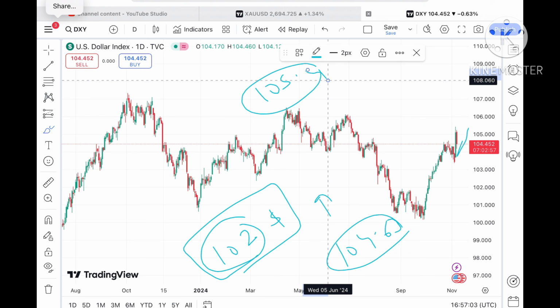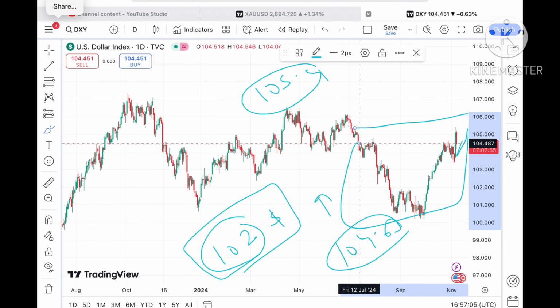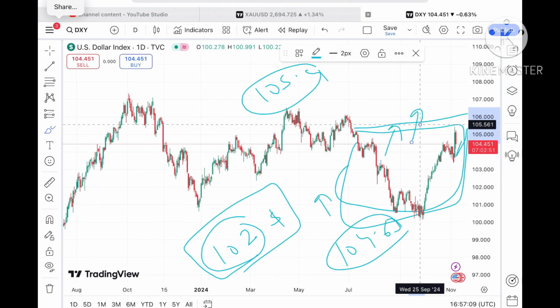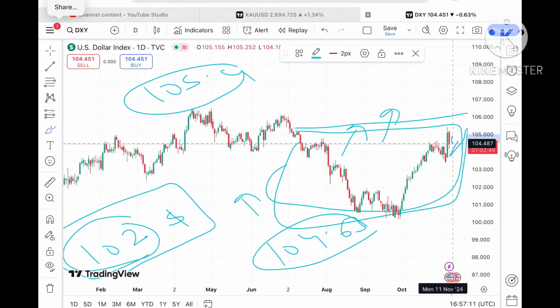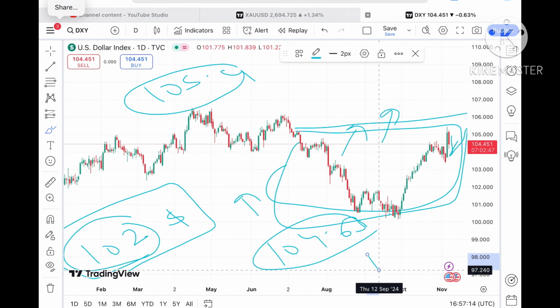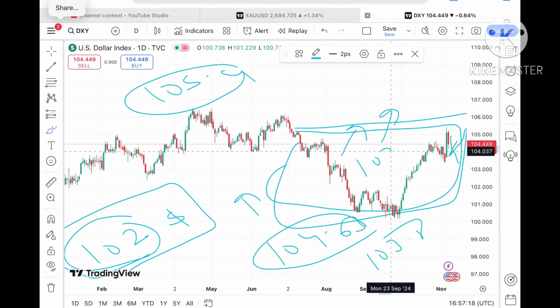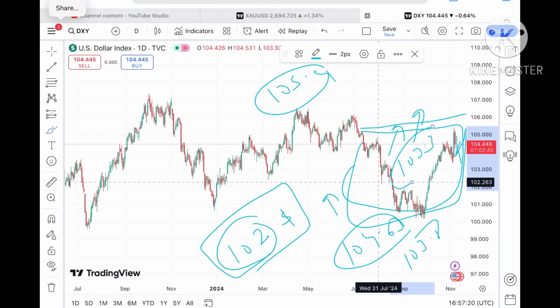If that sustains, we can see further upside. This is the range. If it starts going down, we can see it can go towards 103.8, and after that it can come down towards 103.3. This is the range.